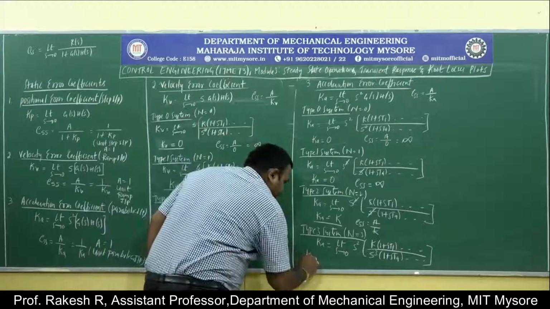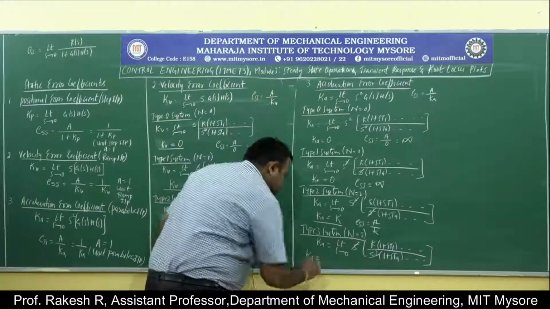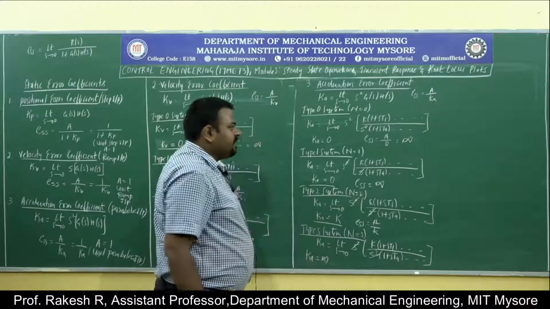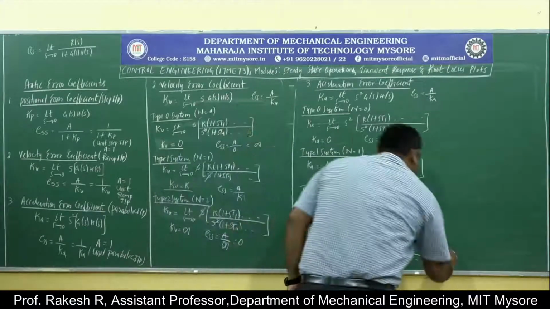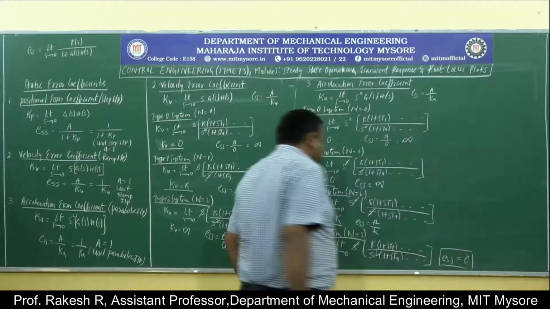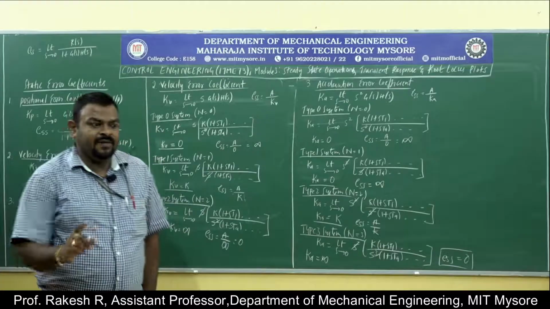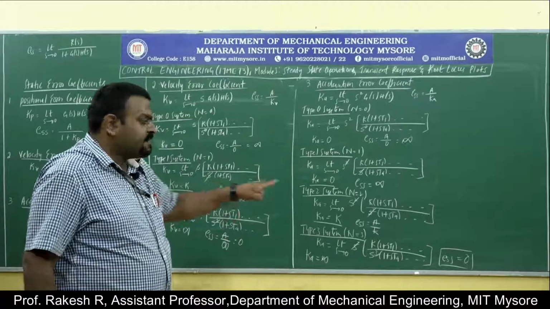The value of Ka will be equal to anything by 0 is infinity. And what is the value of ESS? ESS will be equal to 0. That means up to type 3 system, the acceleration error coefficient will be appearing. For type 3, it will be 0.